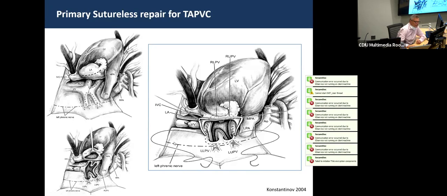I will say that this dotted line represents the phrenic nerve, so you can see that that's quite close. Obviously, it's on the exterior surface of the pericardium, so we don't necessarily see it directly, but we're aware of its proximity. That's certainly a risk of left diaphragm paresis after the surgery, although it doesn't seem to be a common clinical problem.